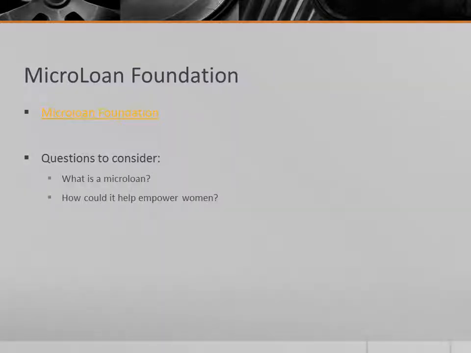And finally, the Microloan Foundation is a really interesting organization that provides small loans to individuals in developing countries to try and improve their level of development. So here's an article from the Microloan Foundation. And they recognize that nearly 800 million people live in poverty, 70% of which are women.